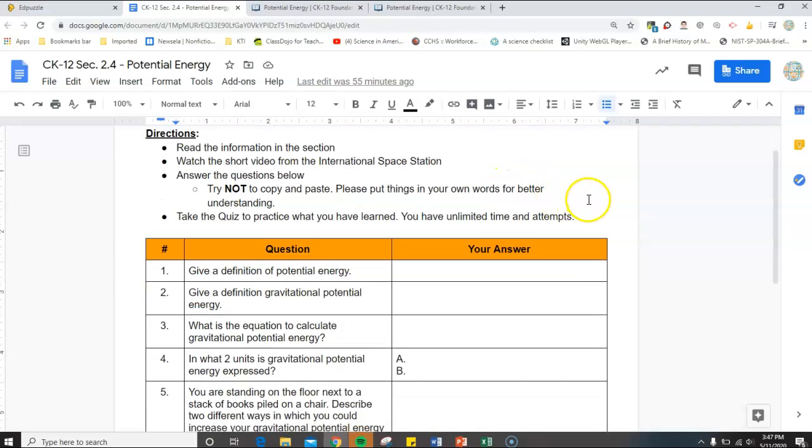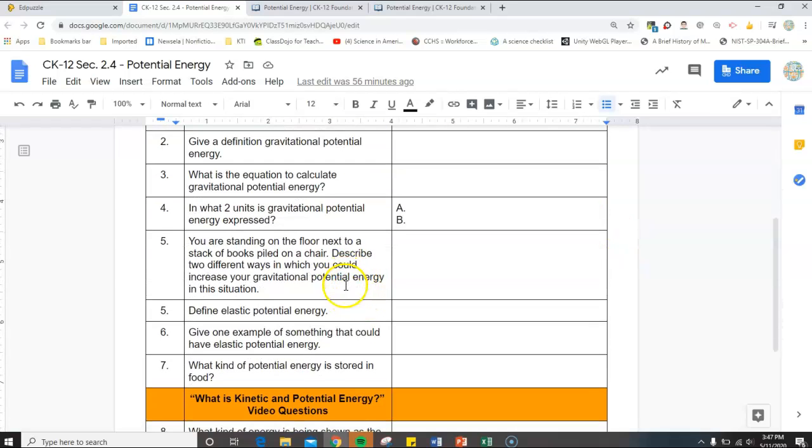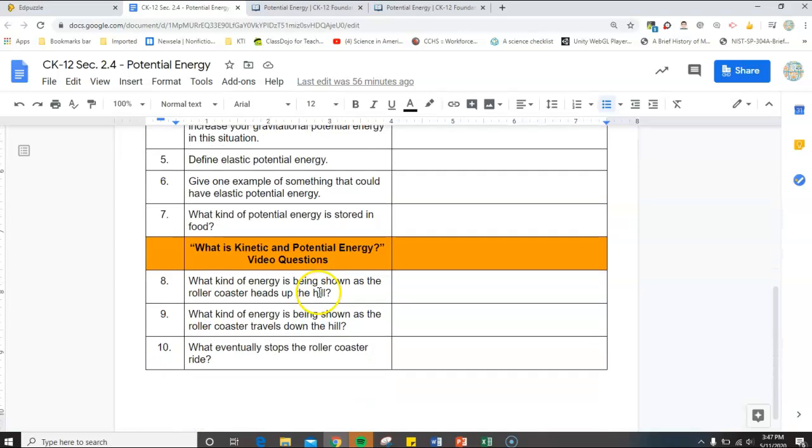Again, there are 10 questions, which will get you the second half of your score for today. These are your other 10 points. Give some basic definitions, and I've asked you to give a couple examples of these types of energy. And then there are 3 questions from the first video down there on the bottom of that page that you'll want to answer. And please don't forget to click Turn It In when you're done with this.